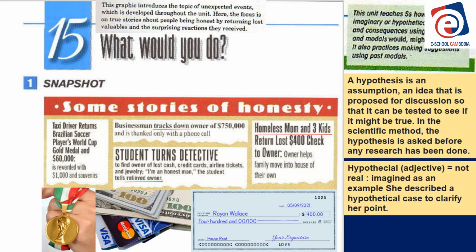A hypothesis is an assumption, something we think is true, or something we think might happen. A hypothesis is an idea that is proposed for discussion so that it might be tested to see if it might be true. So hypothesis is what they use in science and mathematics.